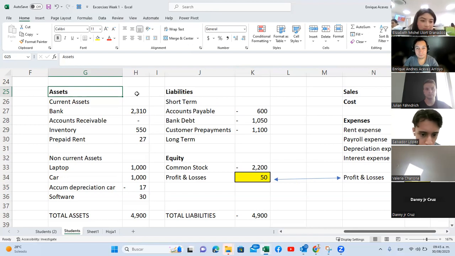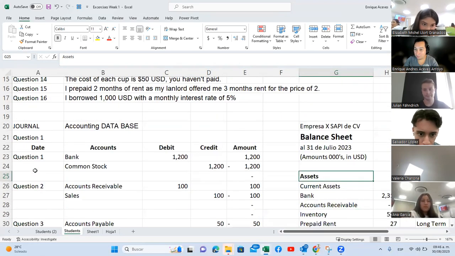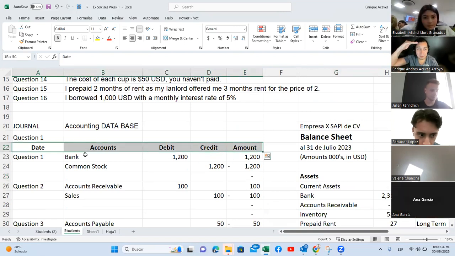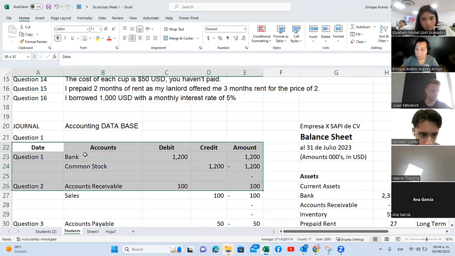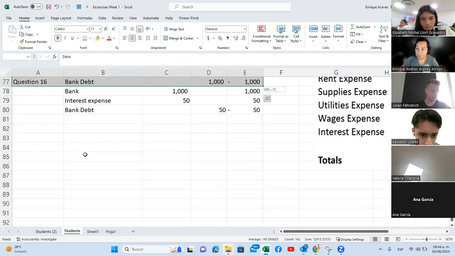So I don't know. Okay, guys, I will show you how to figure that out in a faster approach. Select all the row from the headers. These are the headers of my accounting database, and select until the last register.